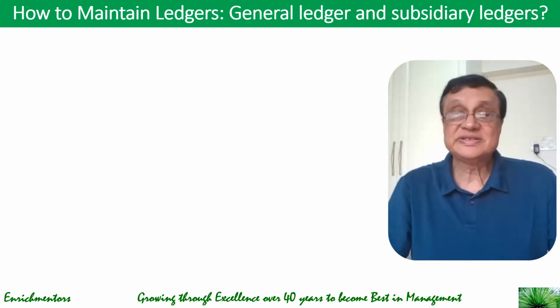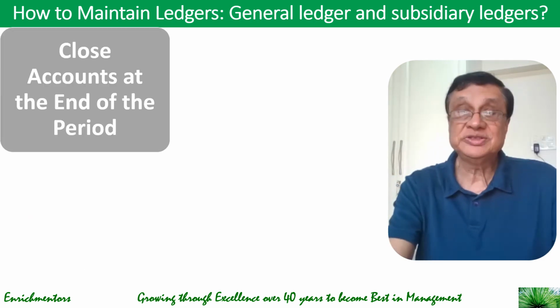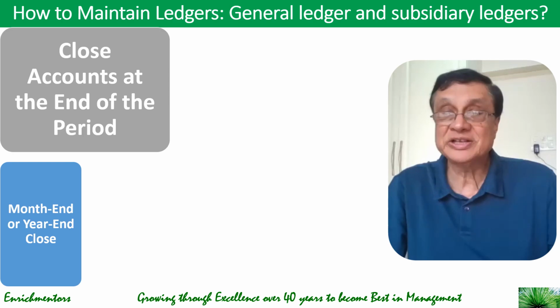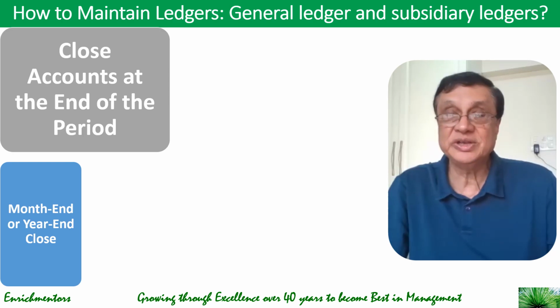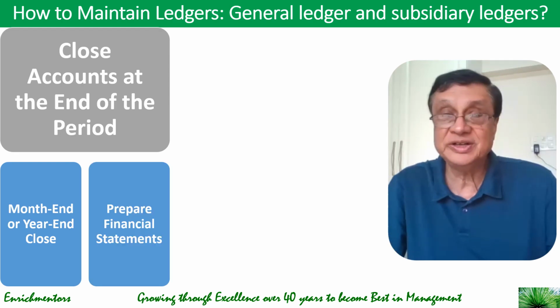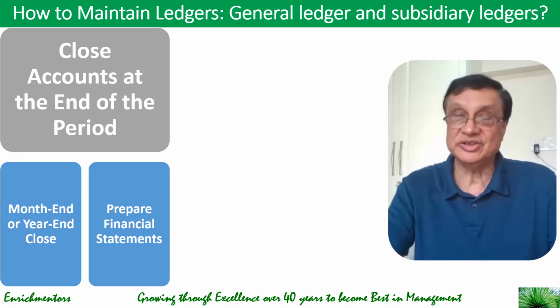The last two steps are to close accounts at the end of the period, where at the end of the accounting period, you close the temporary accounts, revenue and expenses, by transferring the balance to the equity account, retained earnings, in the general ledger. And you prepare financial statements, using the balances in the general ledger to prepare statements like the income statement and balance sheet.